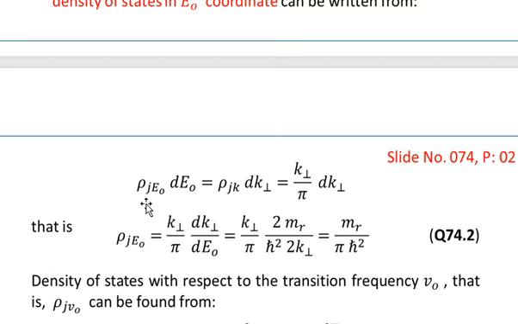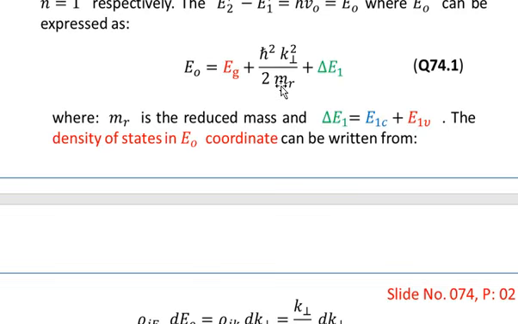So the value of rho j E naught is given by k perpendicular divided by pi multiplied by the derivative dk perpendicular over dE naught, and this dk perpendicular over dE naught can be calculated, and we have also calculated it previously in one of the previous slides, with a value of 2 mr over h bar squared multiplied by 2k perpendicular. You can also calculate it from equation number 1.